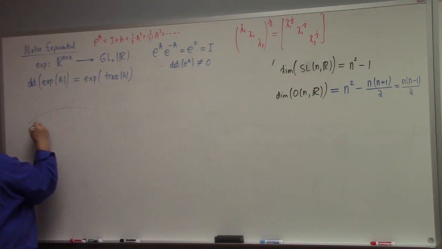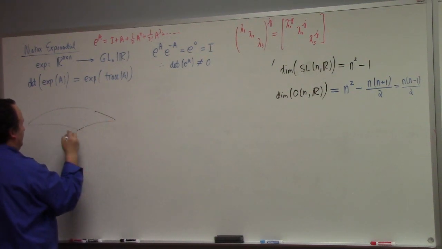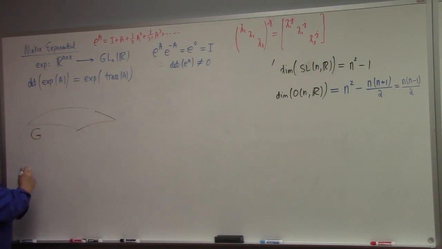So generically speaking, here's a very sketchy picture of a Lie group G. There is a special point on a Lie group. Every Lie group has this point. Every matrix Lie group, which is a subgroup of GLn, has the n by n identity matrix I as a point in the space.